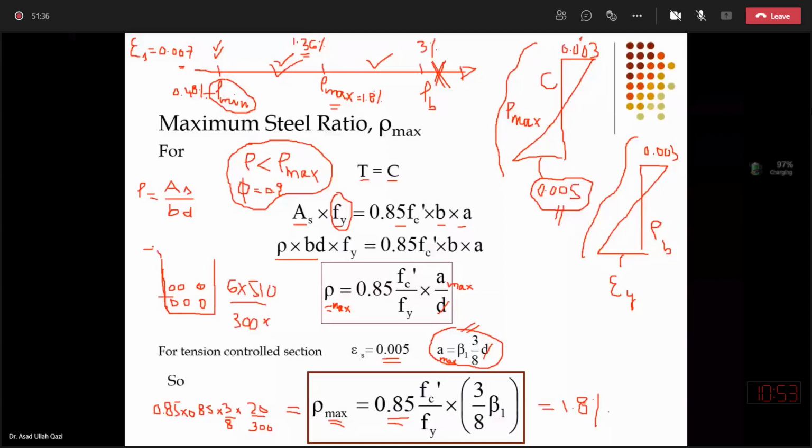Earlier we used effective depth by subtracting cover of 75 millimeter from 450, so we use the effective depth 375.